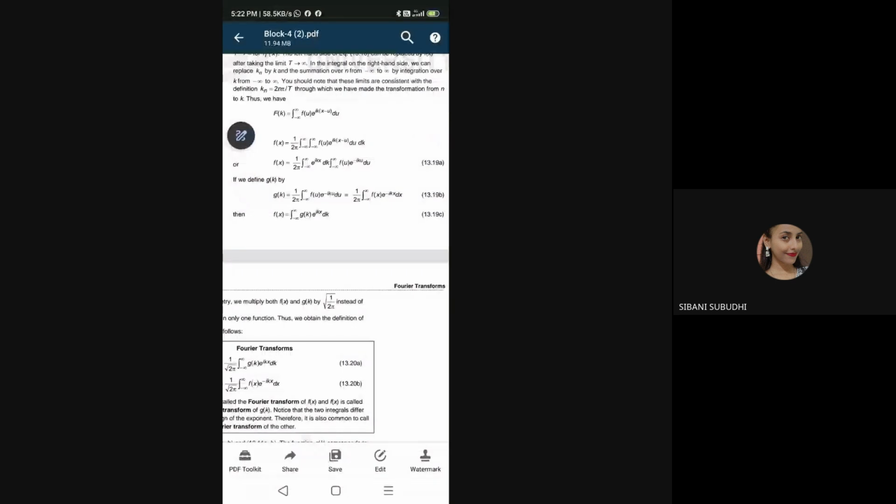So g(k) can be written as 1 by 2π integration minus infinite to infinite f(u) e to the power minus i k u du, which is equivalent to 1 by 2π integration minus infinite to infinite f(x) e to the power minus i k x dx. So f(x) can be written as integration minus infinite to infinite g(k) e to the power i k x dk.